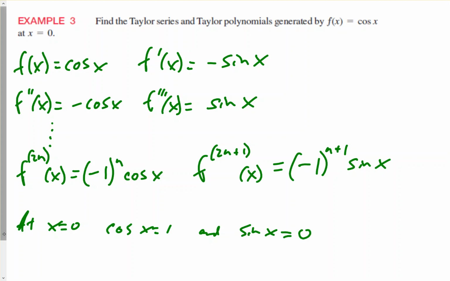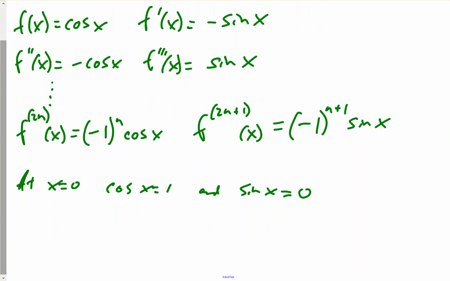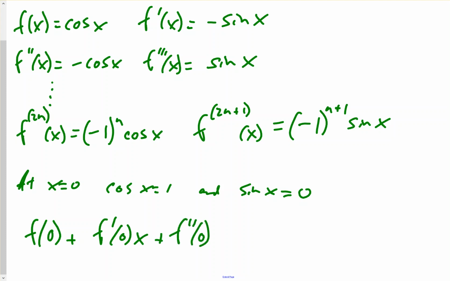Okay, so let's set this up for our series. We're going to be doing f of 0 plus f prime of 0 x plus f double prime of 0 x squared plus f triple prime of 0 over 3 factorial x cubed, and so on and so forth.